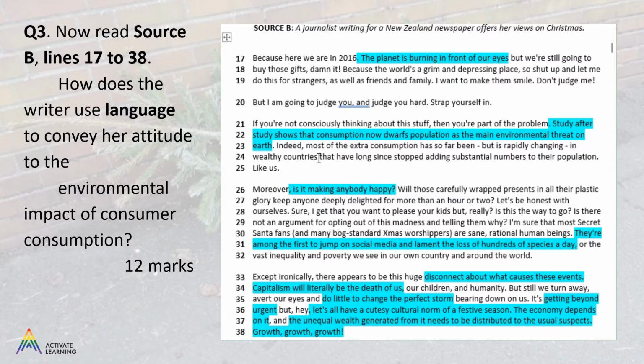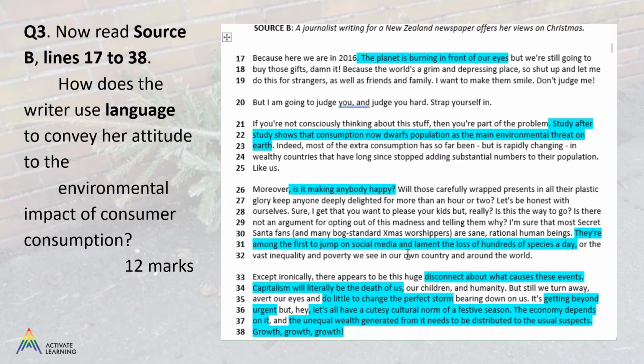She asks a rhetorical question here: is it making anybody happy, this consumerism? And notes the hypocrisy of people who complain about the loss of species but do not curb their consumerism, buying goods. Note here there is some alliteration, lament the loss.